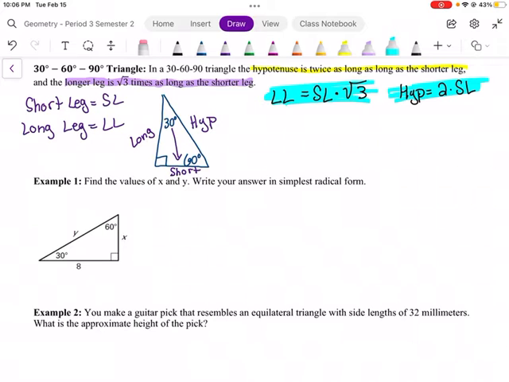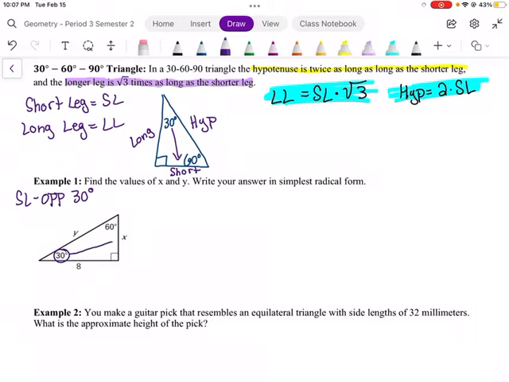Using that information, we are going to complete example 1. We're going to find the values of x and y, and we're going to write our answers in simplest radical form. So starting off, we're going to label the sides. The short leg is always opposite the 30-degree angle.